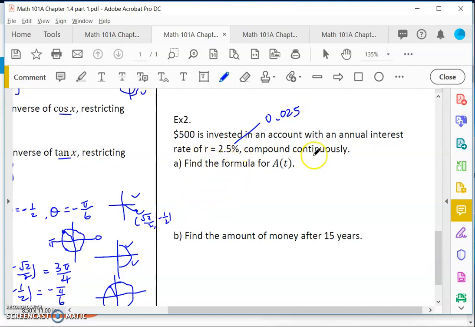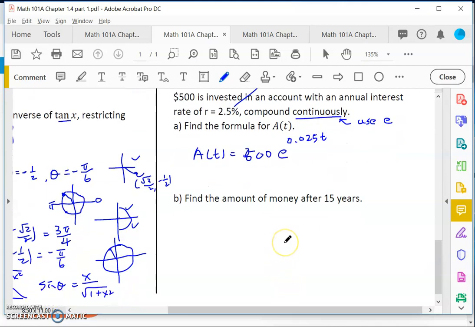Write the formula for A of t, because look, we compound continuously. That is natural exponential growth. We would use e to do it. So A of t would be equal to A0, which is 500 that we have, and then e to the 0.025t, because this is money growing with interest, the growth rate times t.